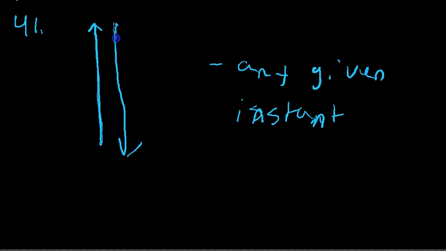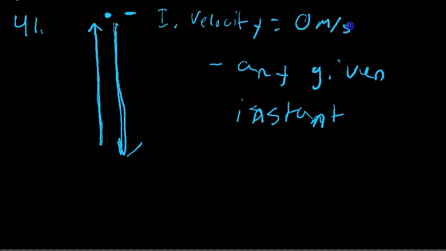So it has that one instant where it's just sitting up there with no movement. So the instantaneous velocity at the top of its path, it's not moving down, up, left, right, and it's not moving at a speed, so the instantaneous velocity would be 0 meters per second, okay?